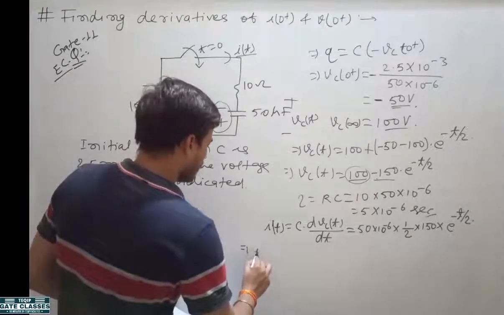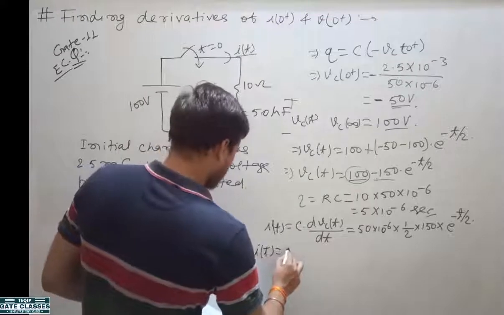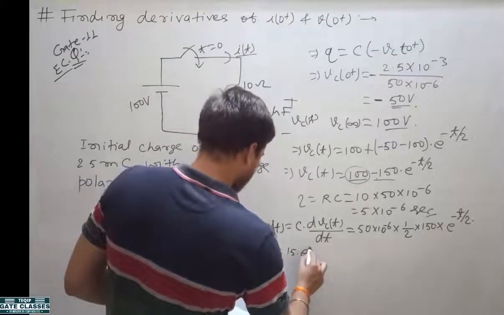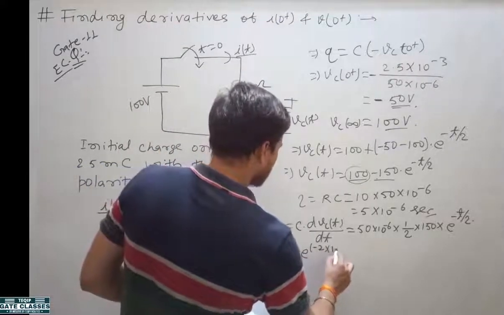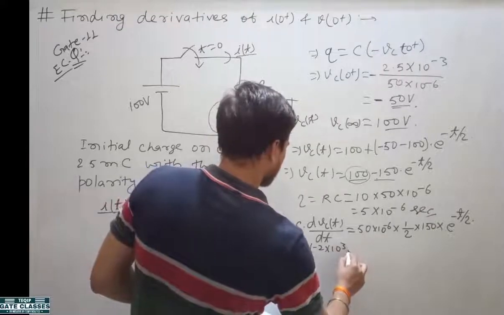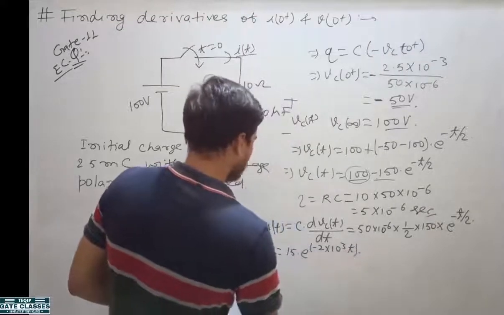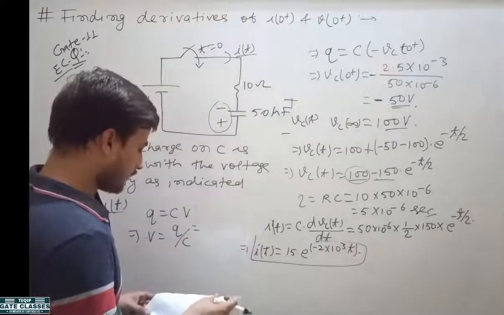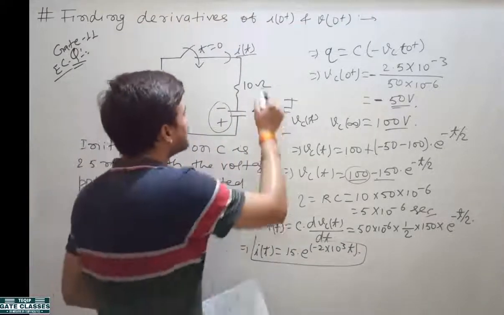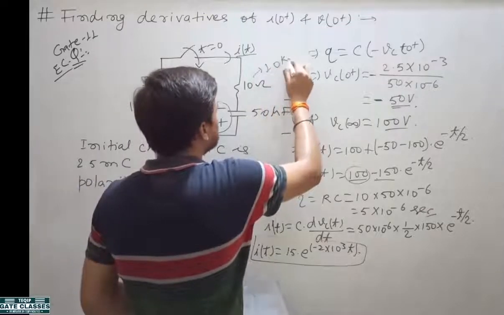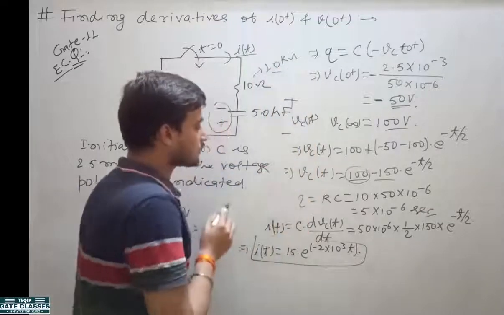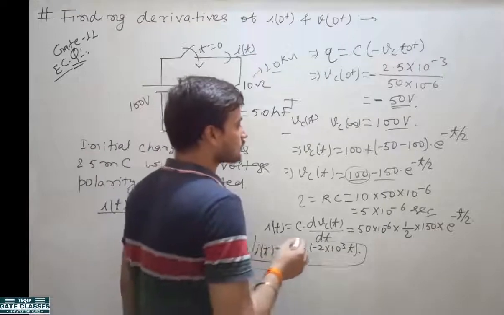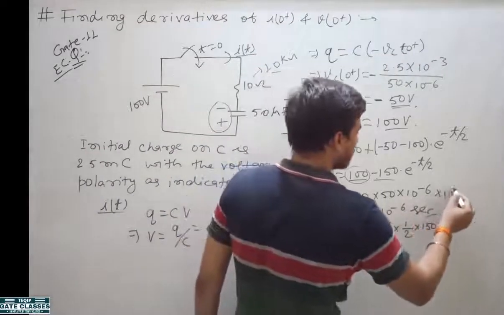From here the value of i(t) is coming 15 into e to the power minus 2 into 10 to the power 3 t. I think it was given that it is 10 kilo ohm. If it was 10 kilo ohm, then the time constant would have been how much?